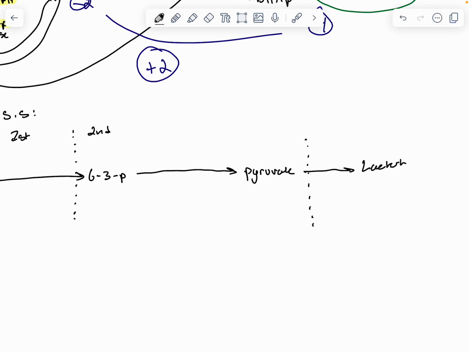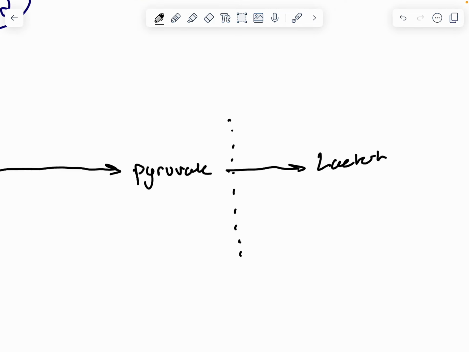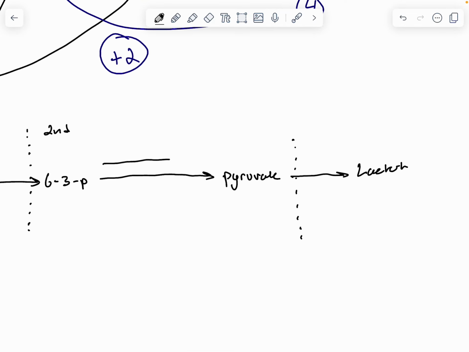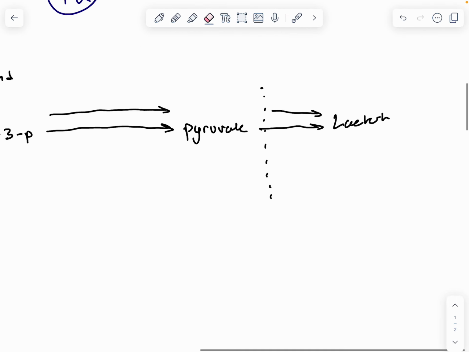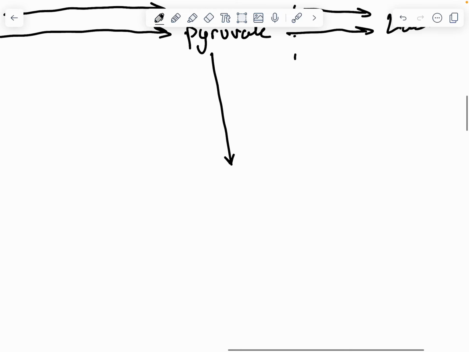As soon as we talk about an aerobic state, we are immediately thinking about stopping at pyruvate and going through the PDH system and then eventually into the TCA cycle. But what we need to talk about here, I always like to draw double arrows just to represent that we do a lot of this stuff twice. So let's incorporate the PDH system into this little diagram. Pyruvate's going to come down here and turn into acetyl-CoA. Look at that.